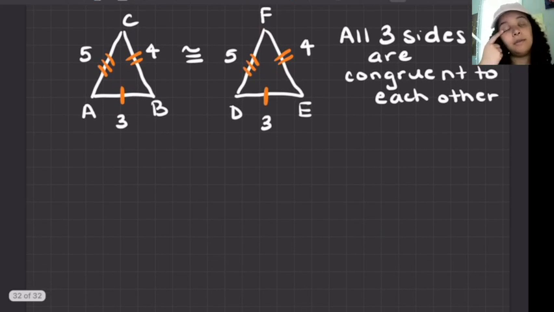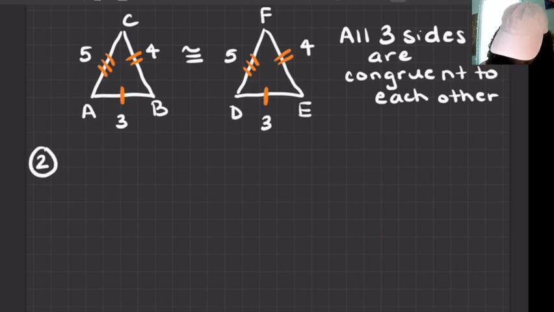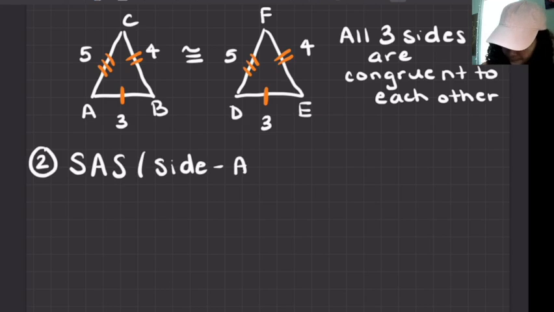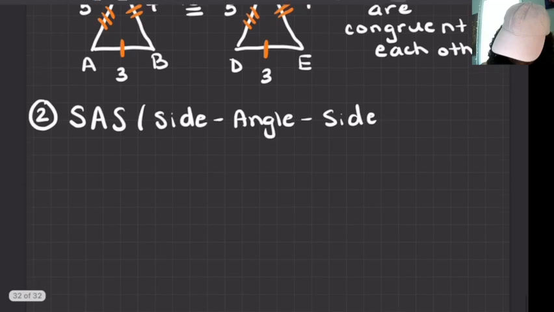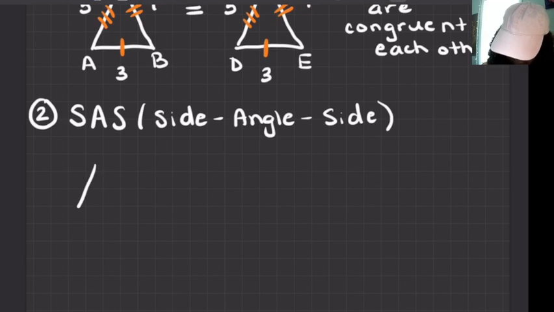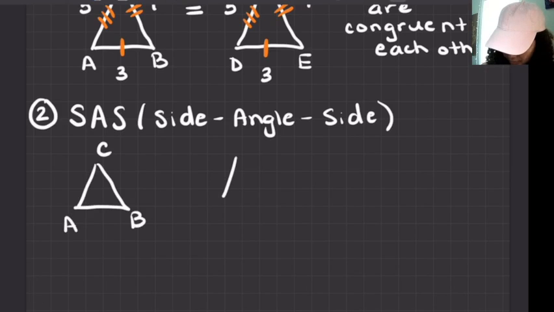We also have side, angle, side. So SAS, side, angle, side. And same idea. Well, let's do 2 triangles, and I'm going to keep using ABC and DEF. So we have triangle ABC and triangle DEF.